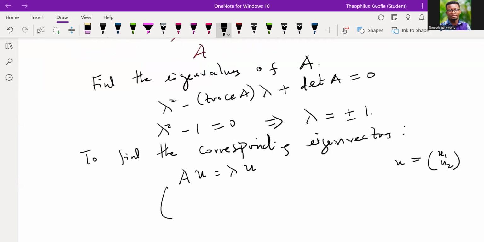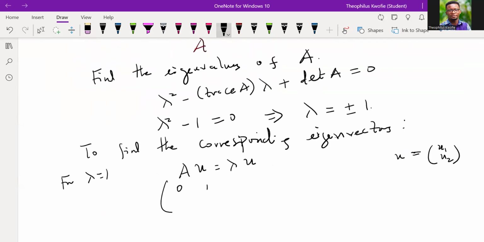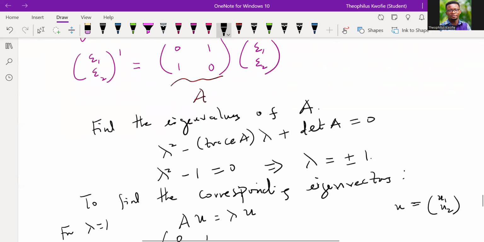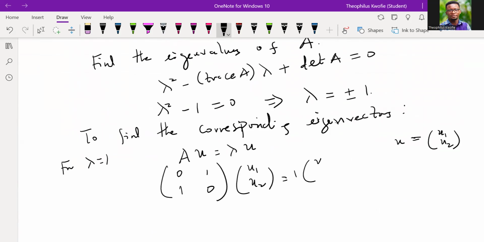So let's say for lambda equal to 1, what's your matrix? Your matrix is 0, 1, 1, 0, and your vector is U1, U2, equal to lambda, the first lambda, which is 1, multiplying your vector U1, U2. Now we just have to solve for only one system.